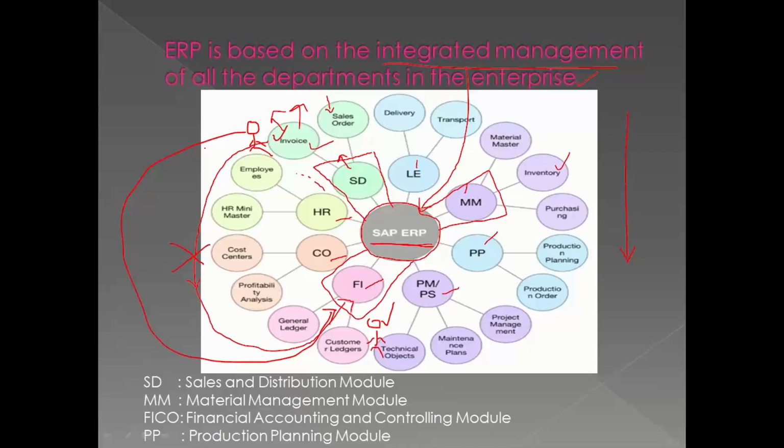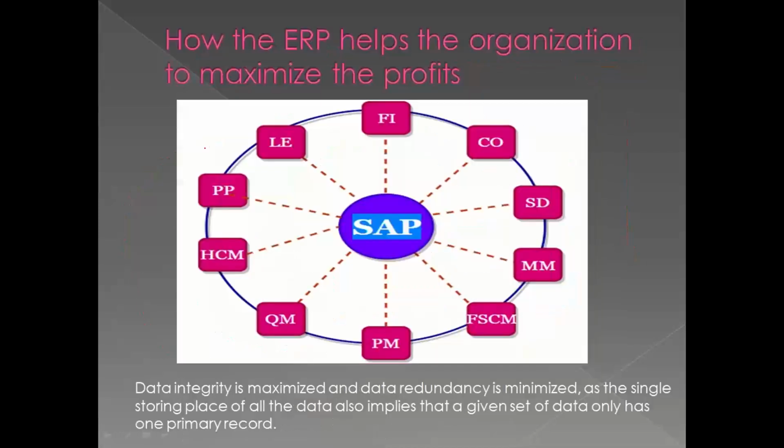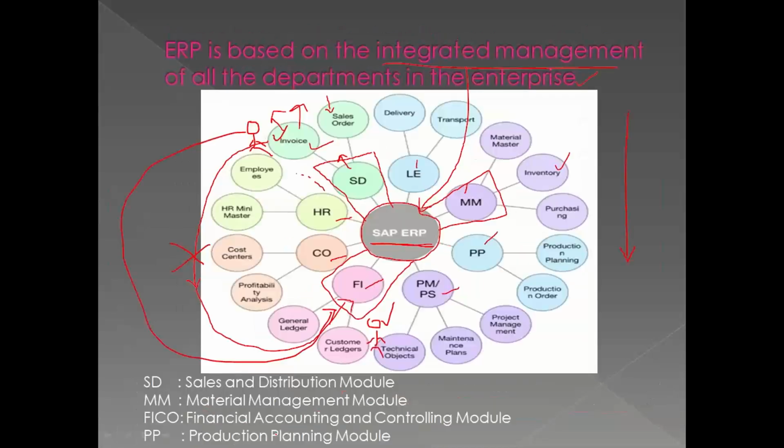So that's the reason why people will use ERP software to track all the information. Same thing what we discussed. See, data integrity is maximized and data redundancy is minimized, as the single storing place of all the data also implies that a given set of data only has one primary record. So only one primary, see, this is the main invoice.